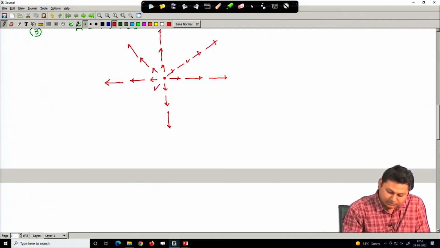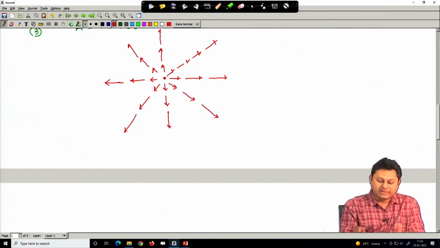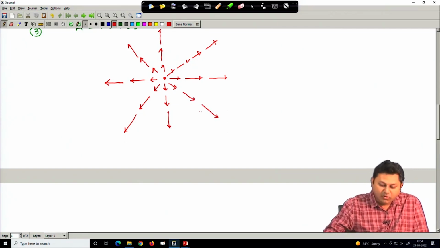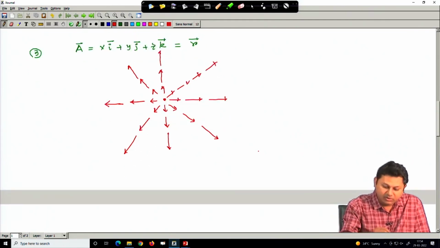In this direction, in this direction. So overall it is increasing like that. From the figure it is quite obvious that this is really spreading out. So if I calculate also, we will see that it is indeed giving a non-zero value.